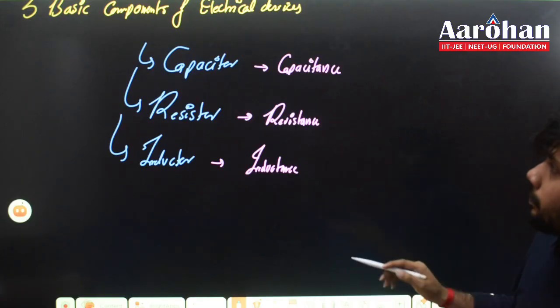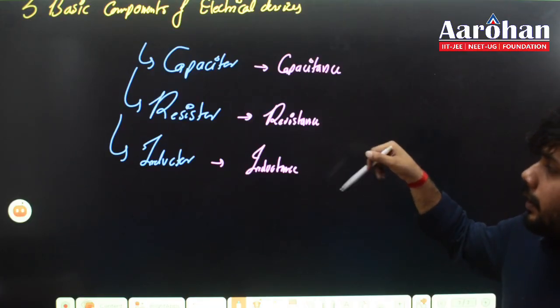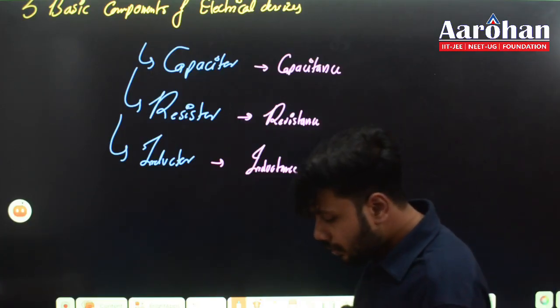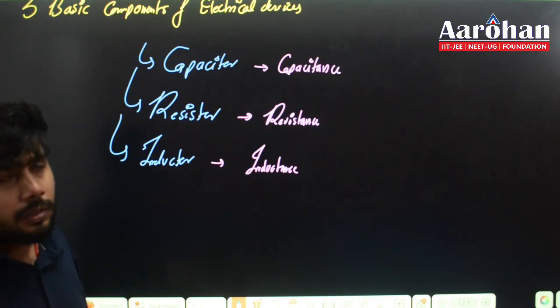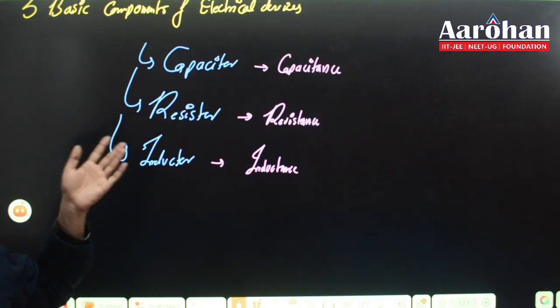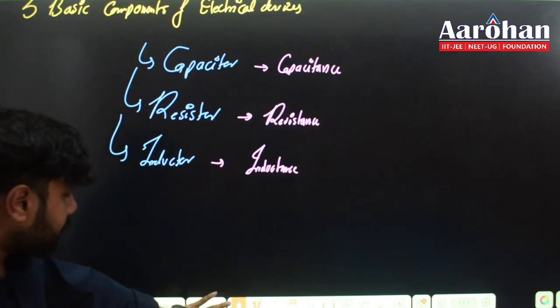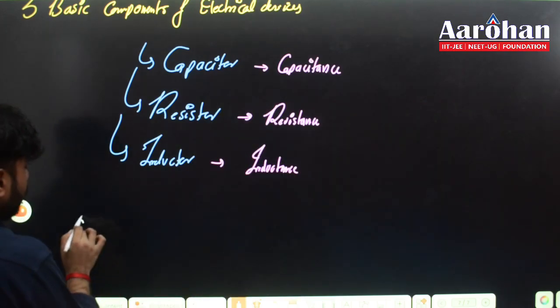So how do you differentiate the capacitor, resistor, and inductor among the given? The idea is if it has the most dominating character of capacitance, then it will be called a capacitor, and similarly you can say it for resistance and inductance. Got it? So what we are going to study? We are going to study the resistor.